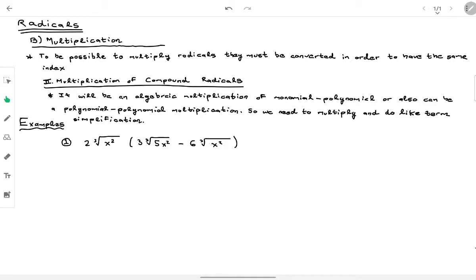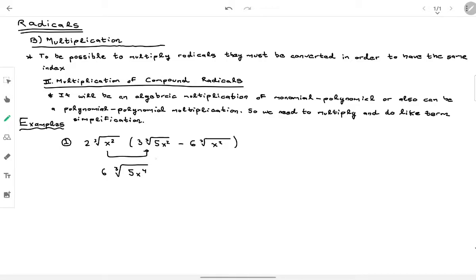So let's see what is going to happen here. If I multiply this one and this one, remember, the coefficients multiply themselves. So 2 times 3 is 6. Remember, what is inside the radical will stay inside. X squared that multiplies 5x squared is going to be 5x to the 4.